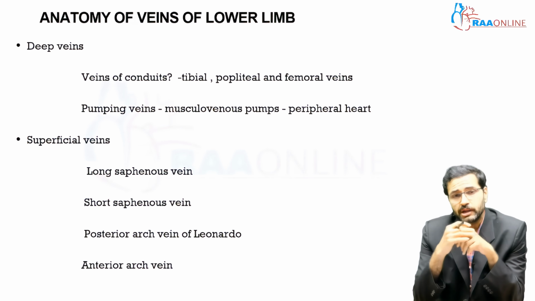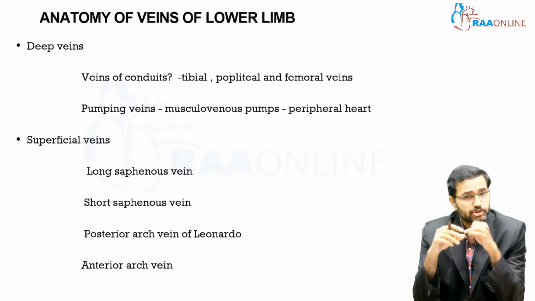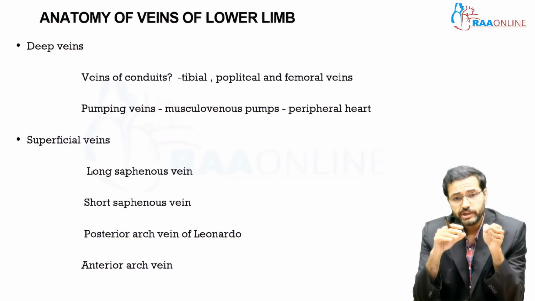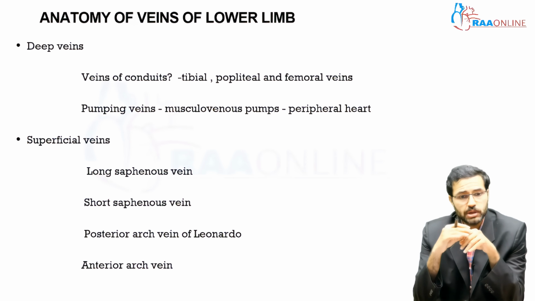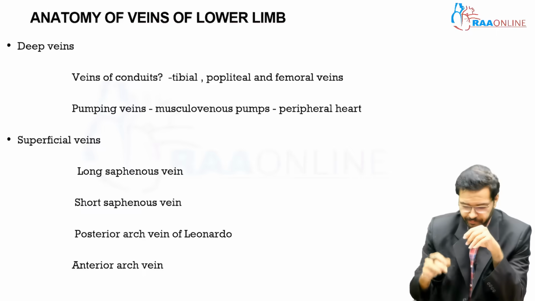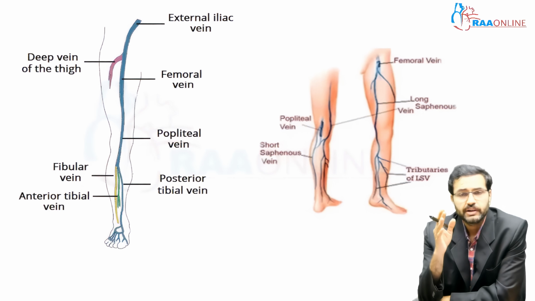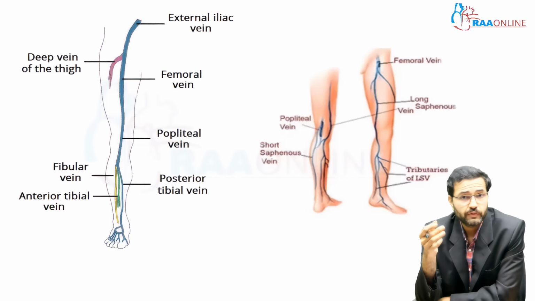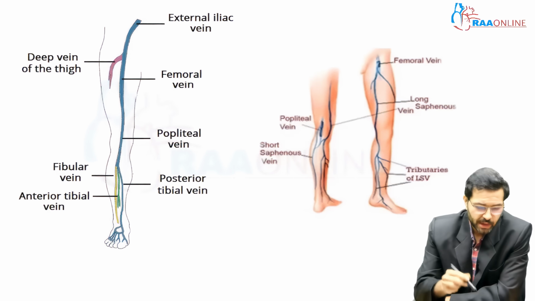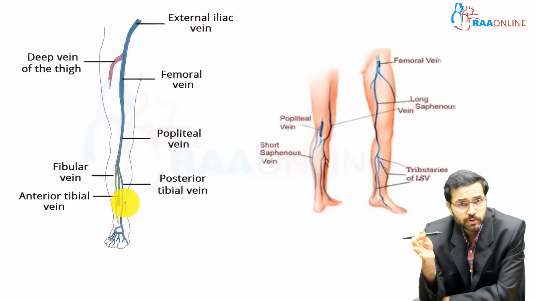Superficial veins include the long saphenous vein, the short saphenous vein, the posterior arch vein of Leonardo, and the anterior arch vein. This is a diagrammatic representation of the venous drainage of the lower limb. You have the posterior tibial and anterior tibial veins, which correspond to their corresponding arteries.